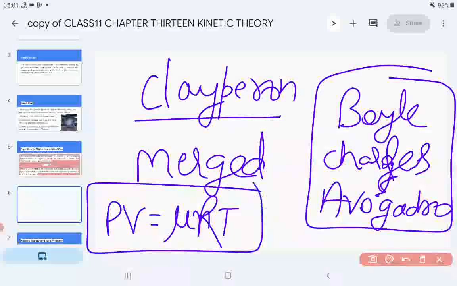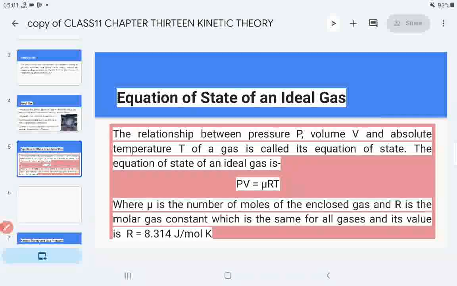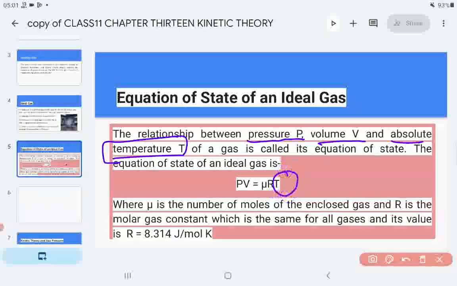So here we will start with this ideal gas equation. The ideal gas equation gives a relationship between the pressure, volume, and the absolute temperature. T is the absolute temperature, which is measured in Kelvin.